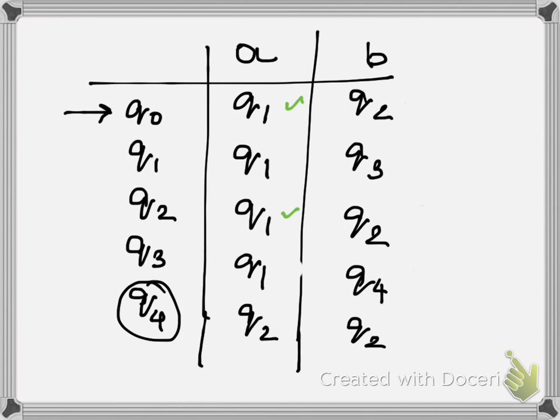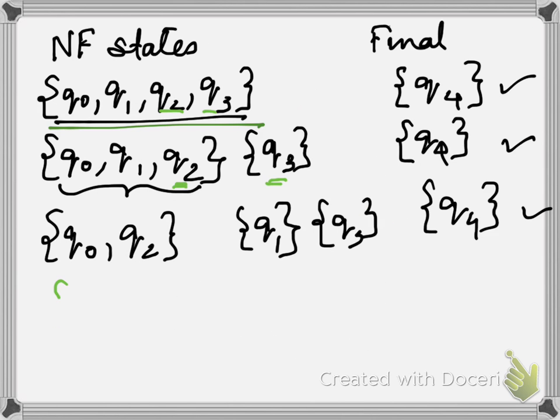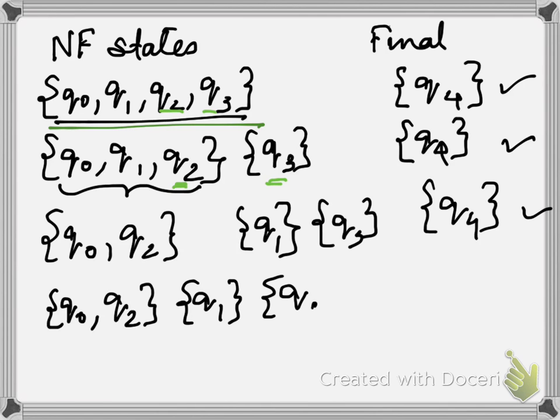And Q0 on B is Q2, Q2 on B is also Q2. So Q0 and Q2 are equivalent. So let us write it here, Q0, Q2. And the rest are all single element, so we keep them as they are without any change.